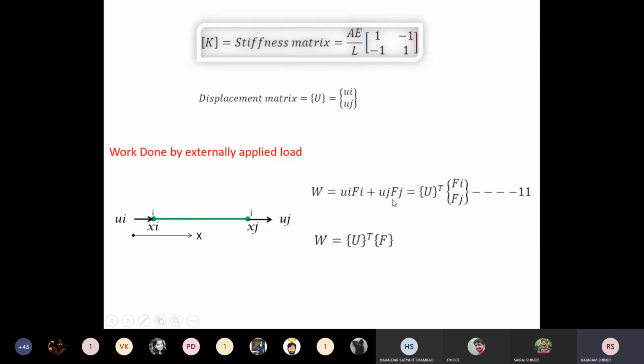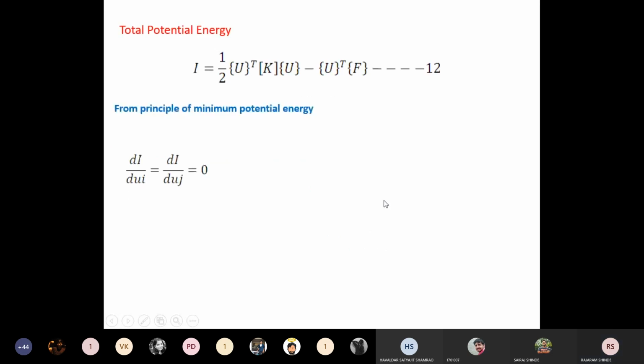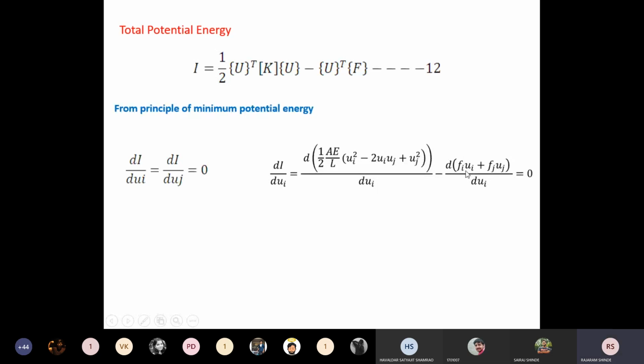UiFi plus UjFj, or FiFjUj. You have to make some modification here. This should be either capital or small, both terms are the same. Now this equation is your strain energy equation.